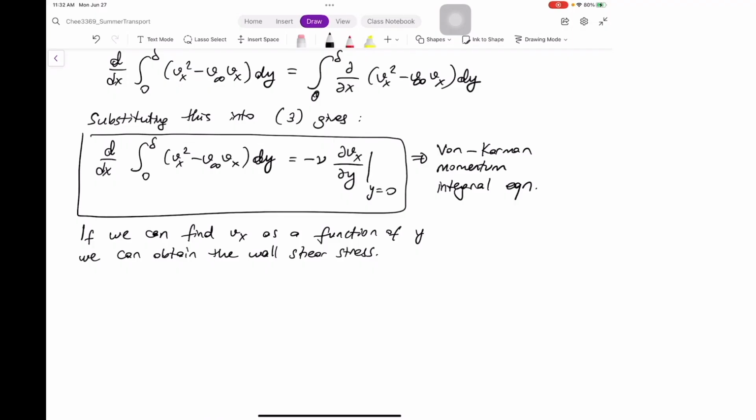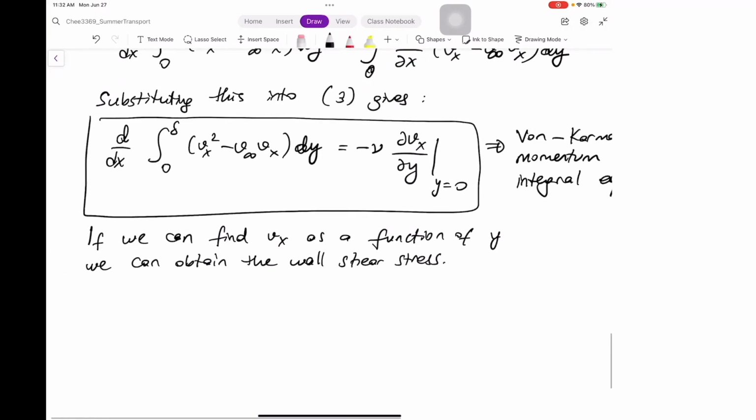Now, one point, well, actually, we didn't need this equation to tell us that if you find the Vx as a function of y, we can obtain the wall shear stress, because you already know it from Newton's law of shear, right? So the tau is equal to negative mu del Vx over del y. You already know that. But this equation particularly tells you that you have some equation which, if you solve, is going to give you the velocity profile.